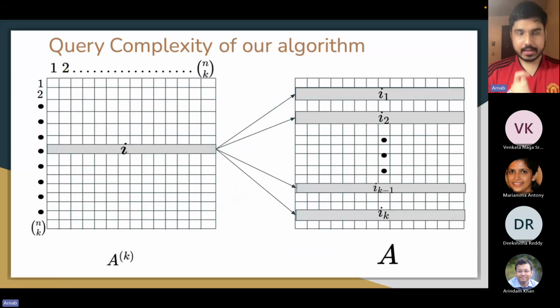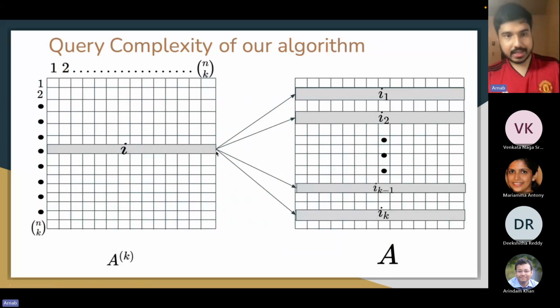Now, a key thing to observe is, say you want to query all the elements in this row I of this higher dimensional matrix. At first it appears that there are n choose k elements here, so there might be some blow up, right?